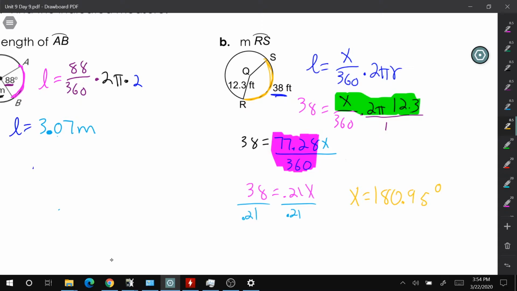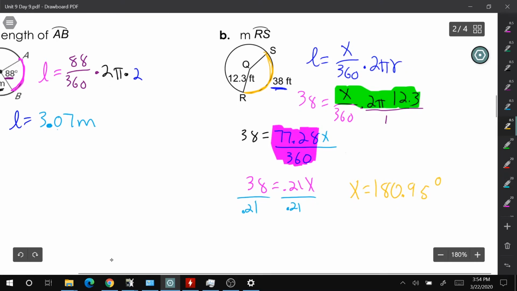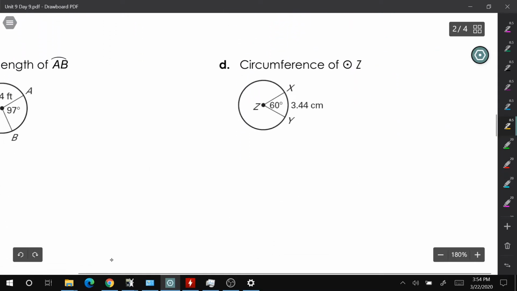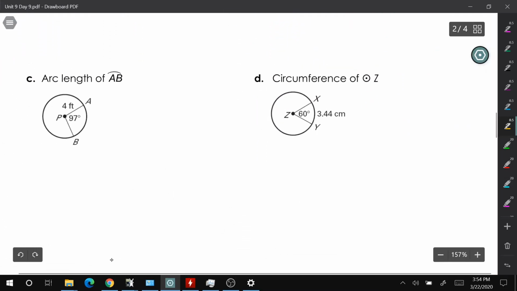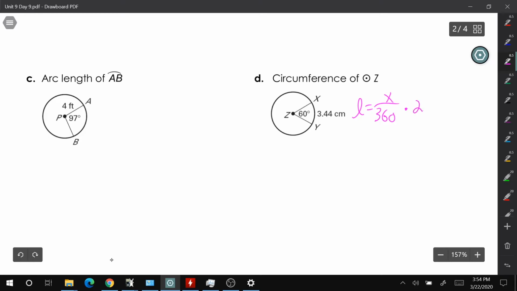Alright, I'm going to go down and do letter D, and then after that one, I'm going to have you try letter C. So letter D, we're going to try to find the circumference. Well, the reason why I like to use this arc length formula is because the circumference is already here.